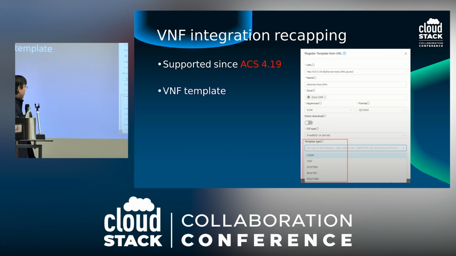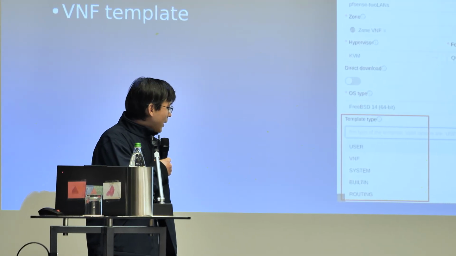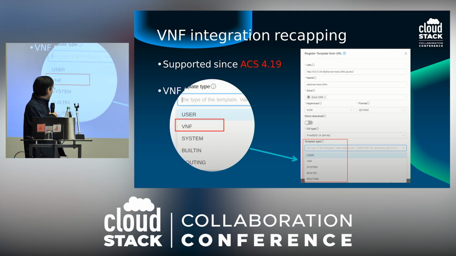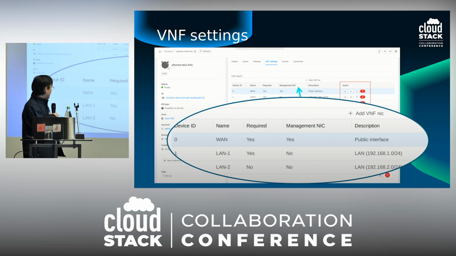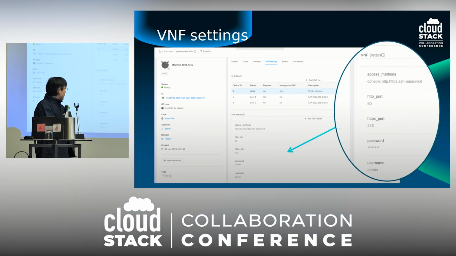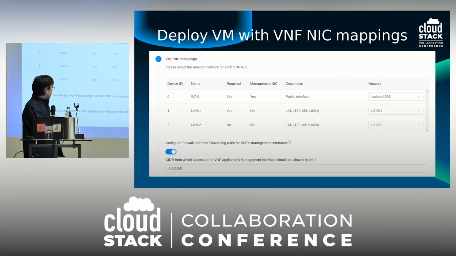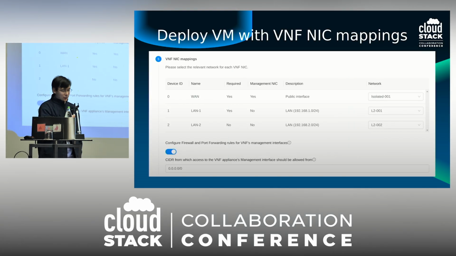So this is what we introduced in 4.19. We support a new template type, which is VNF. For a VNF, the user can define the NICs and also add some details to access the VNF. When deploying the VNF, the user can specify the mapping of the NICs.